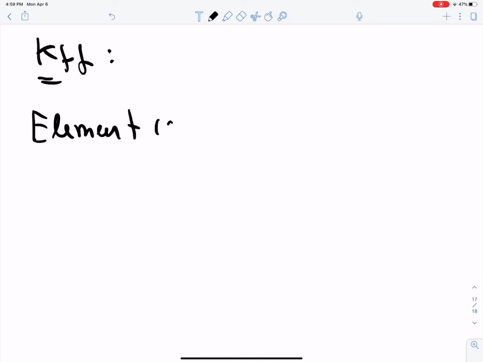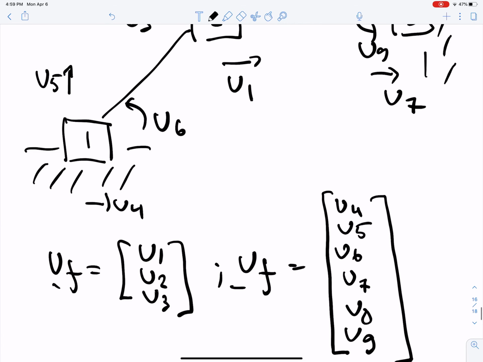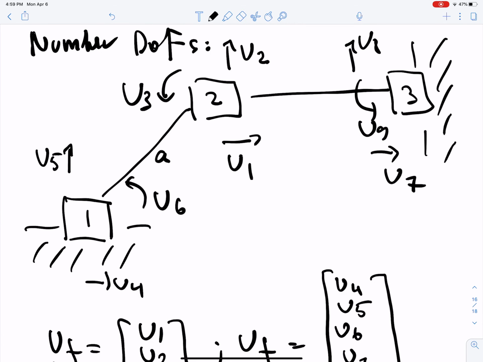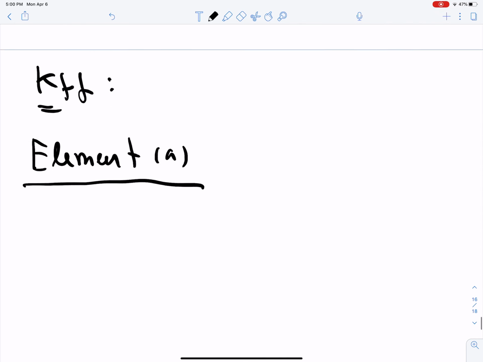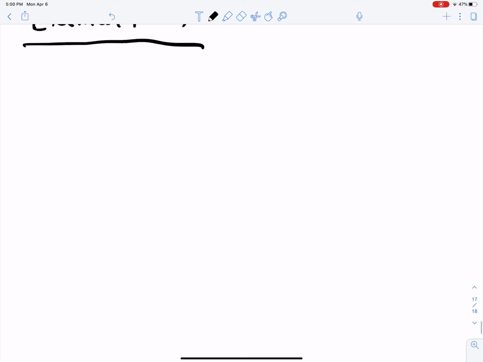We take element A. For element A, it's this guy here. This is element B. The geometry I presented before. So delta X is 10 feet. Delta Y is 20 feet.